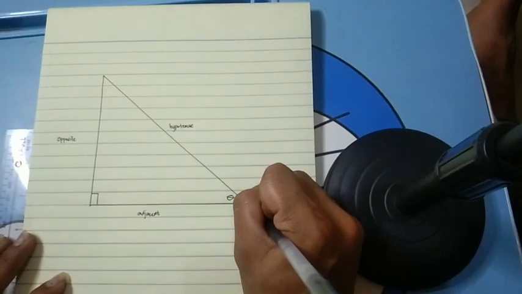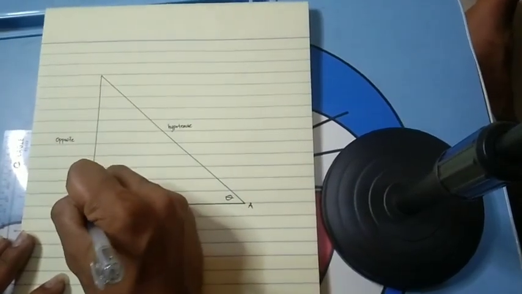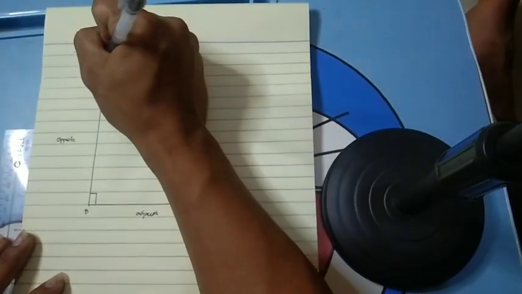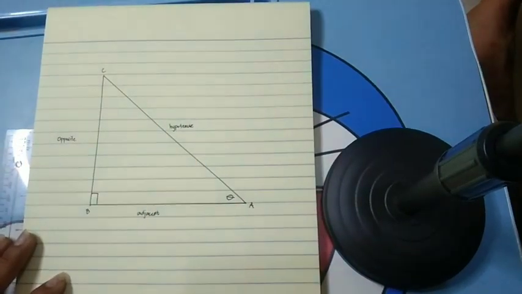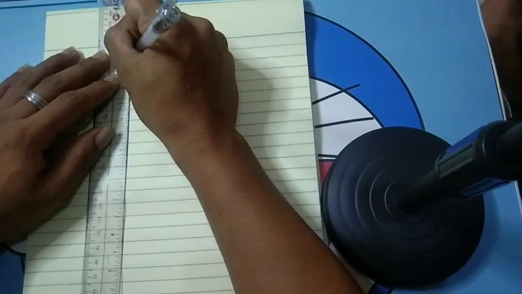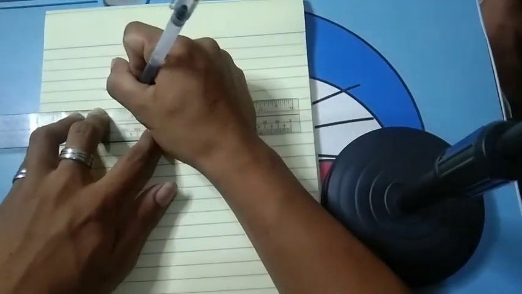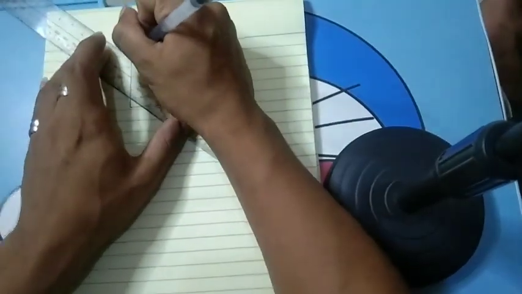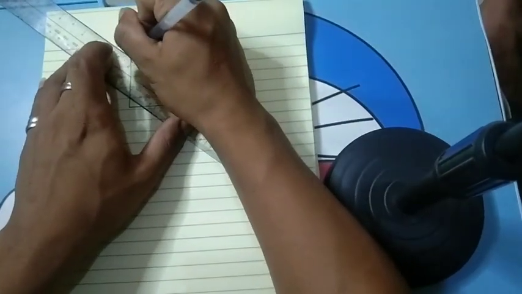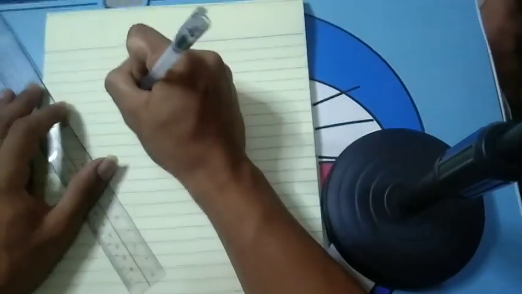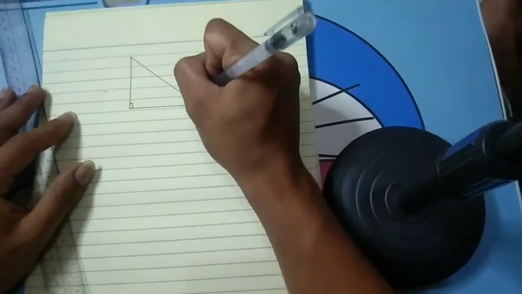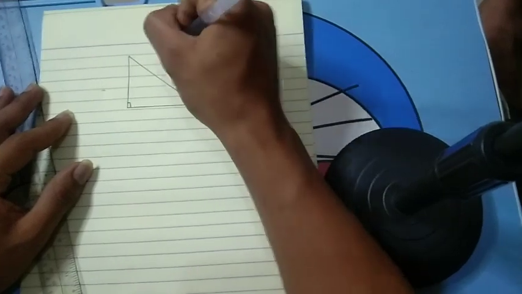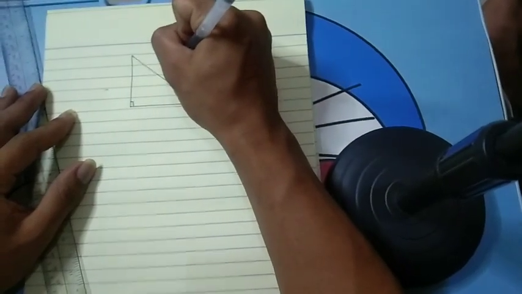It is angle A, angle B, and angle C. Example. Theta is here. Here is the hypotenuse.